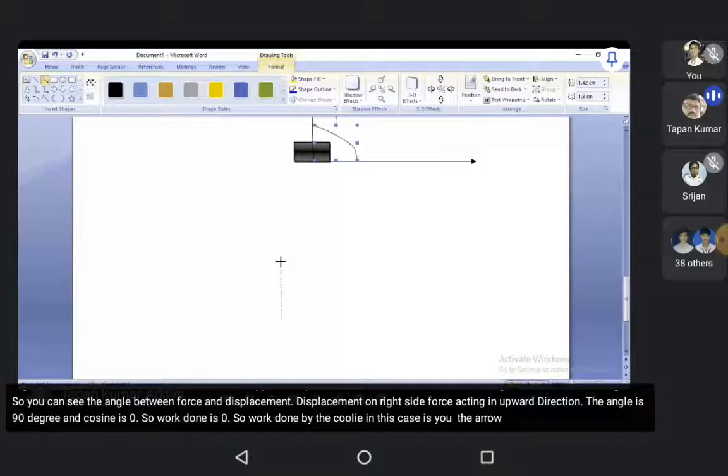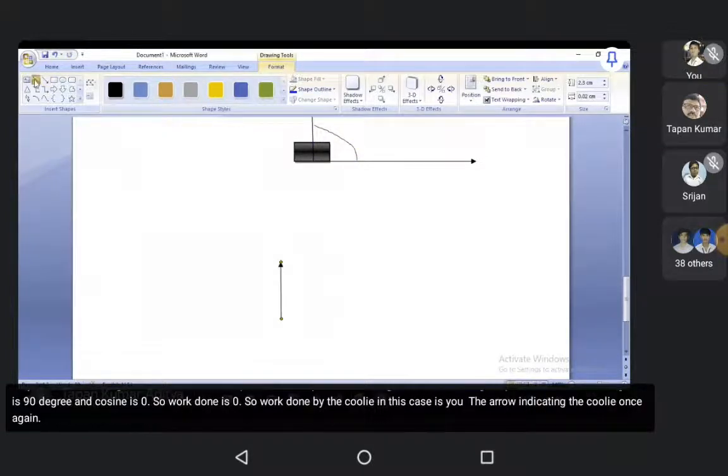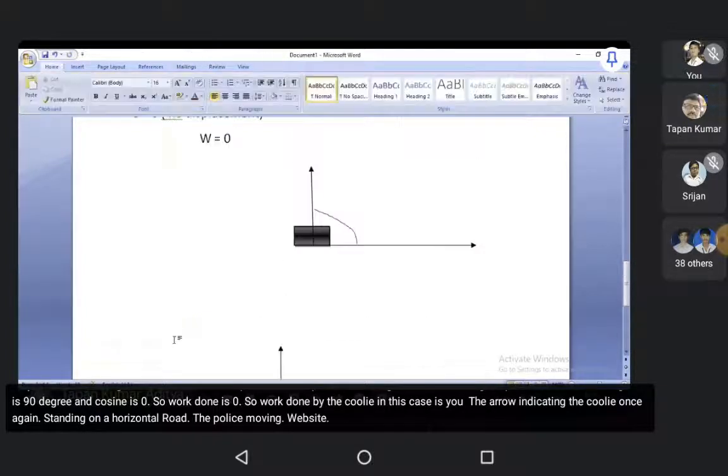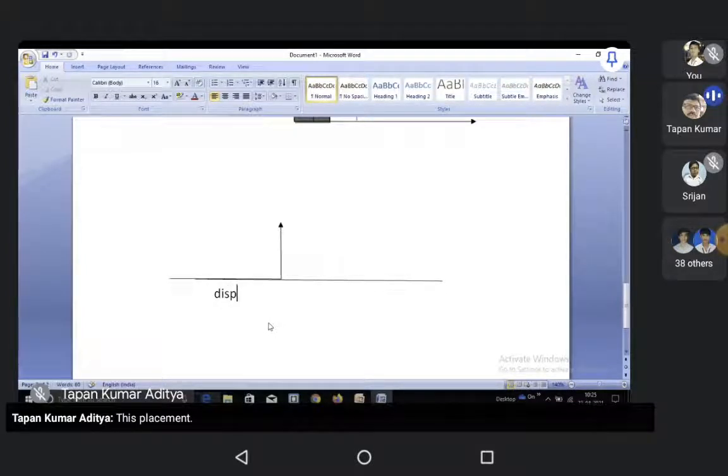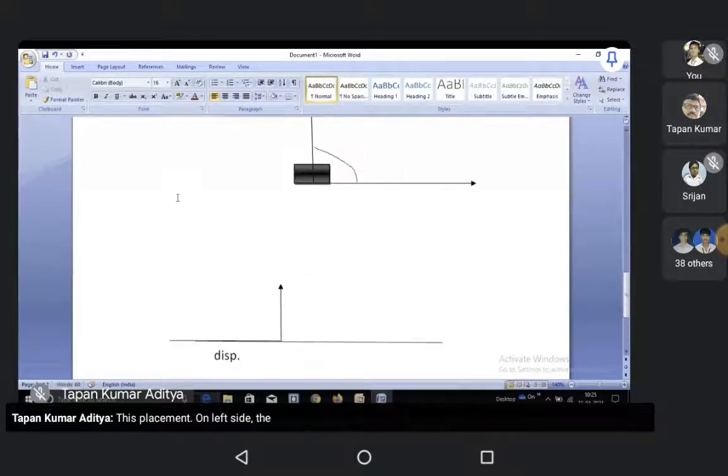Now the arrow indicating the porter once again standing on a horizontal road. The porter is moving left side. Displacement on left side.